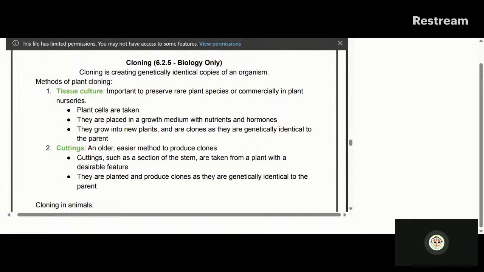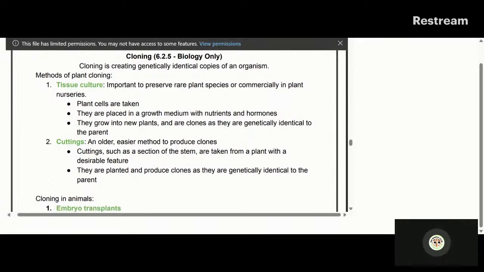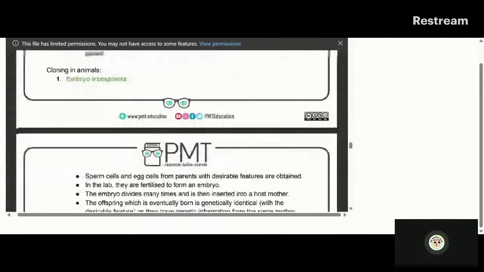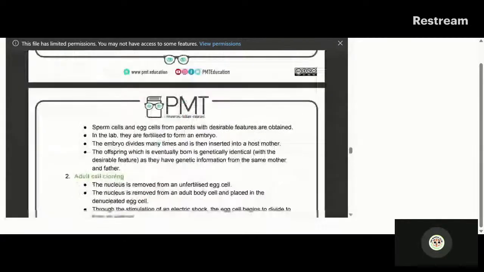These plants can be produced really quickly and cheaply, and this is a quite older, simpler way of doing it. So that's the plants. You've got tissue culture, which can be used to preserve rare plant species. All you need is a few cells. And cuttings, it's an older method, just cut it and put it in soil and it'll grow. Now, in animals, you have two methods, embryo transplants and adult cell cloning.